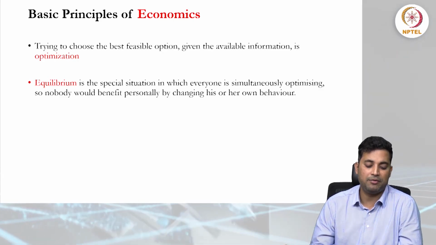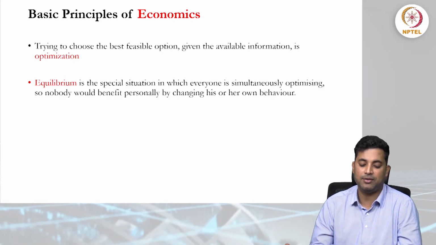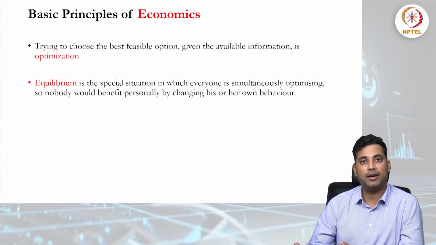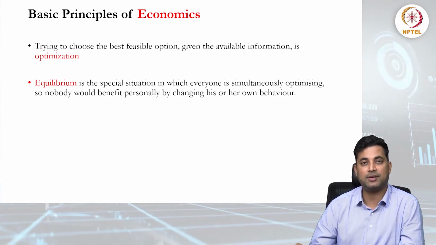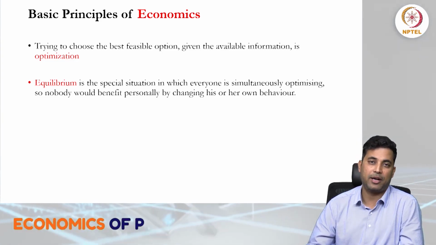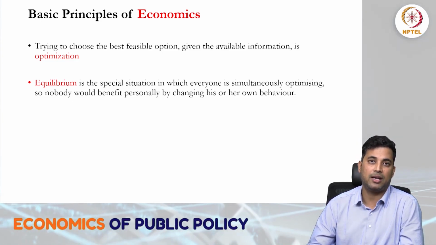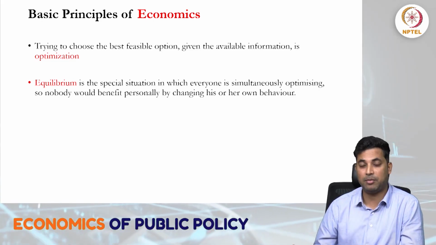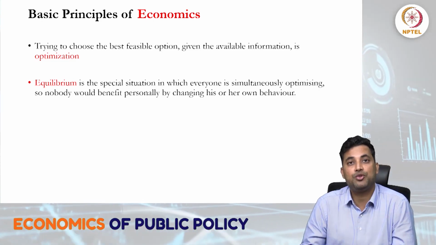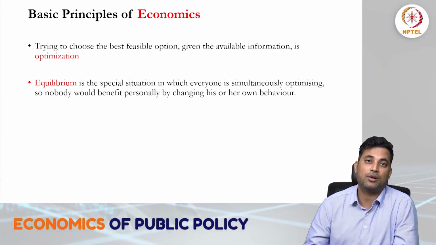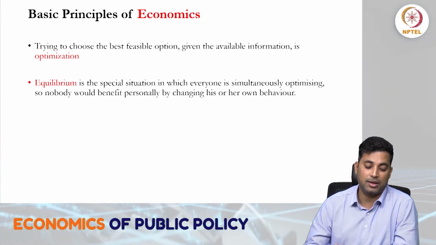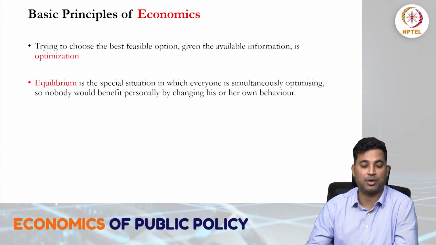So nobody would benefit personally by changing his or her own behavior. And when we talk about optimization and equilibrium, Pareto optimality also comes in, especially in the case of public policy: everybody should be in a better situation, not at the cost of others. So that is the optimization that we are talking about.